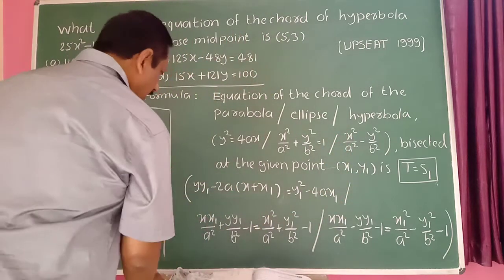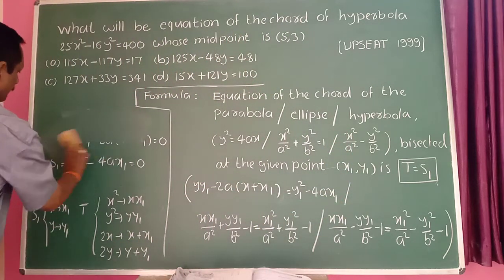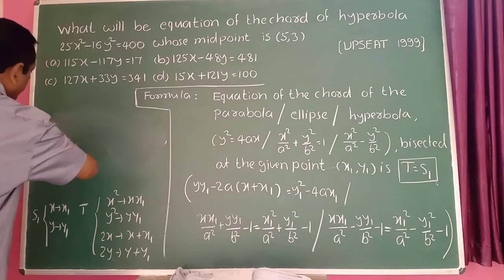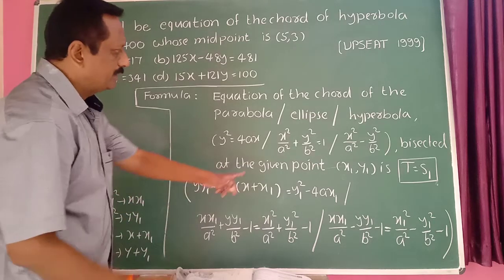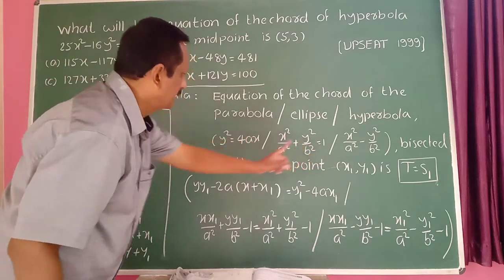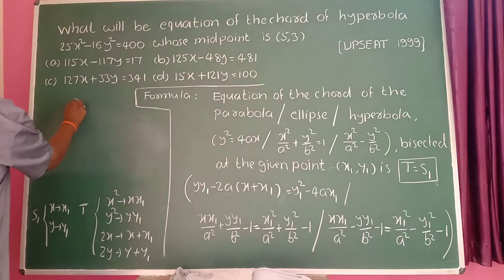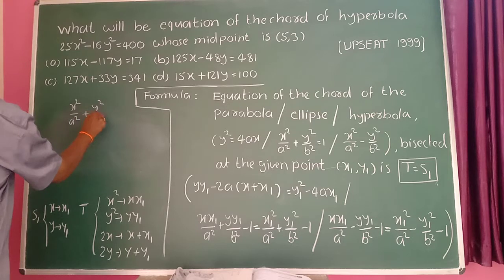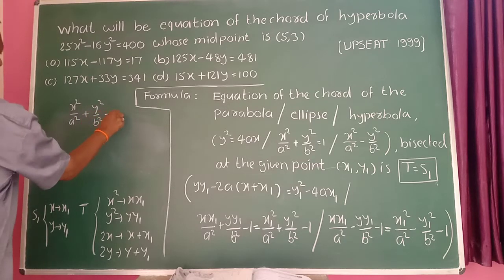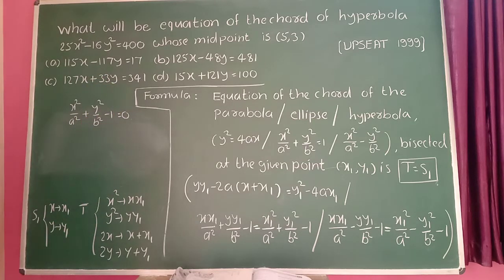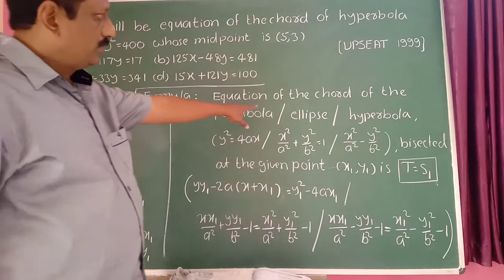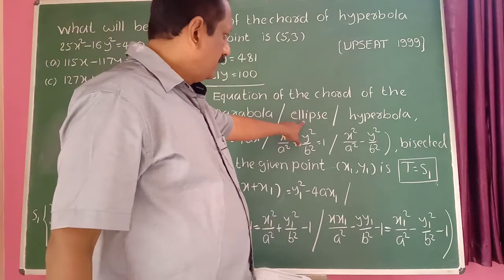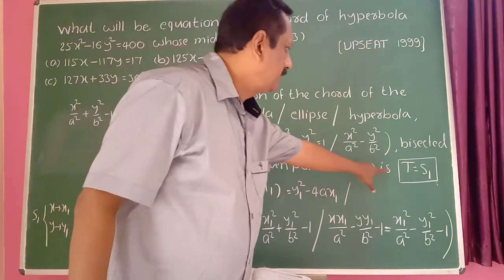Suppose the equation of the ellipse is this one. Take the 1 to the left side: x²/a² + y²/b² − 1 = 0. Therefore the equation of the chord to this ellipse bisected at (x1, y1) is T = S1.